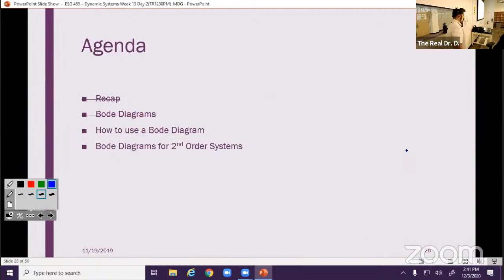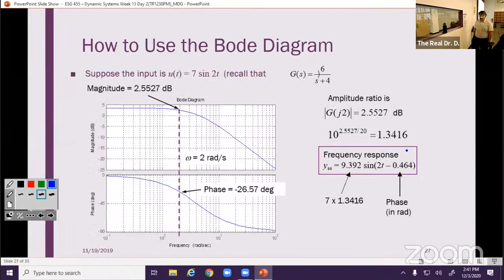So how do we use a Bode diagram, right? It's great that we can draw them. It's great that MATLAB can give it to me. But why is it useful? Okay, well, say somebody gives you a Bode diagram and tells you, I don't know, that you have an input that's like 7 sine of 2t.